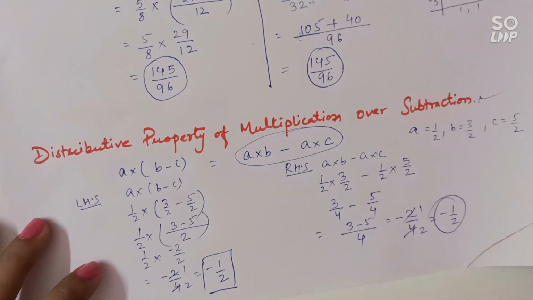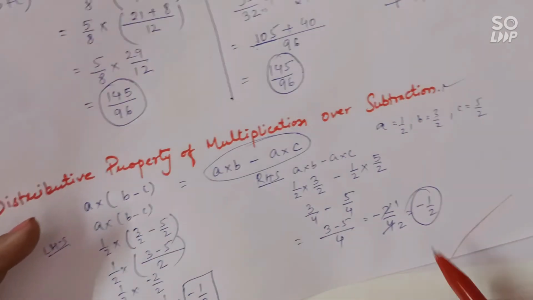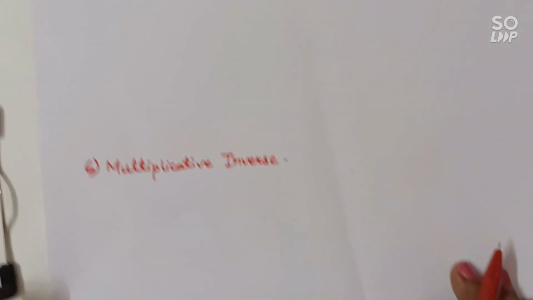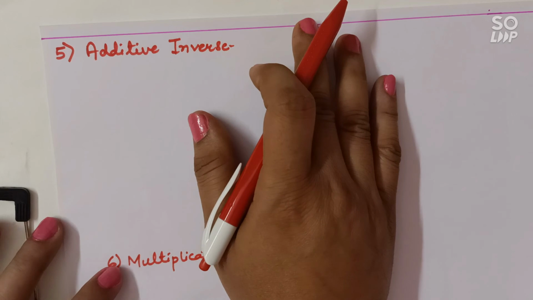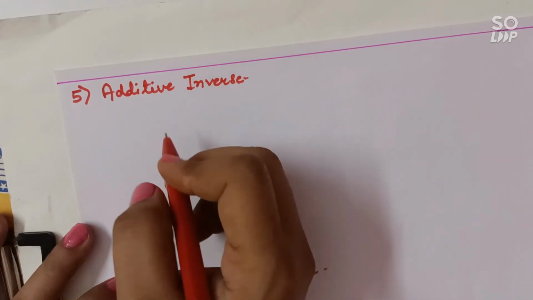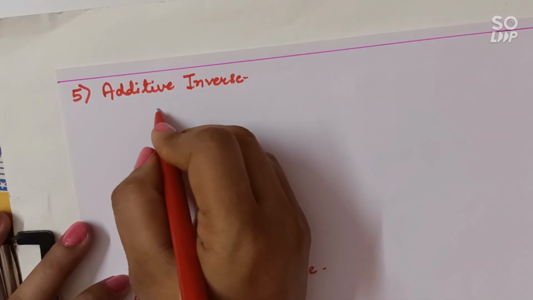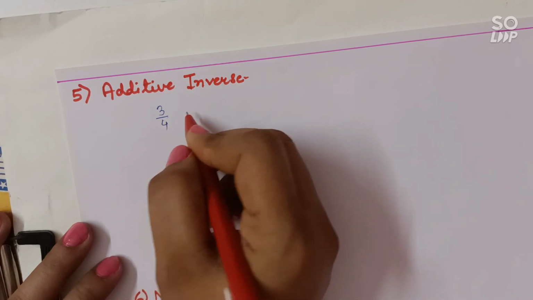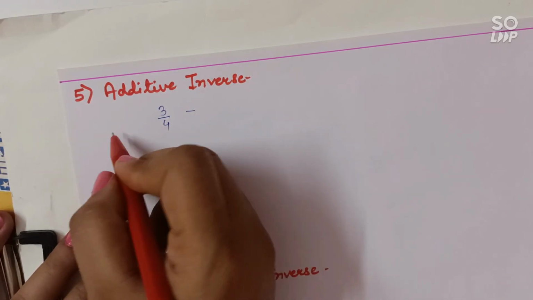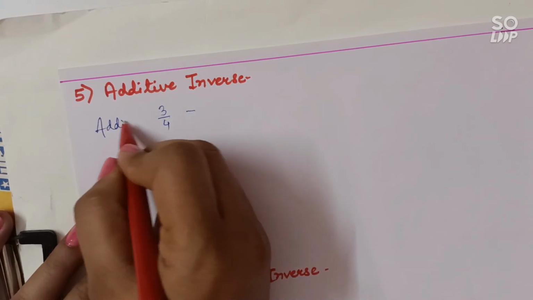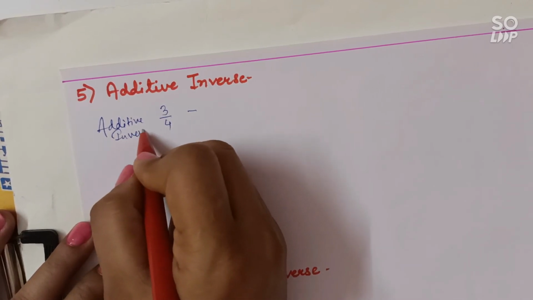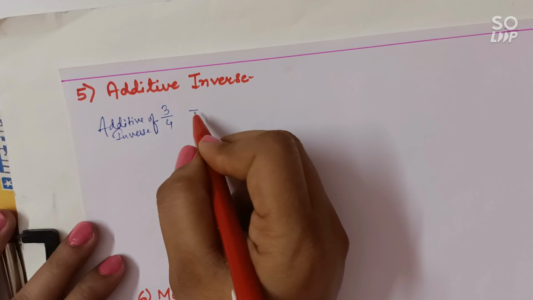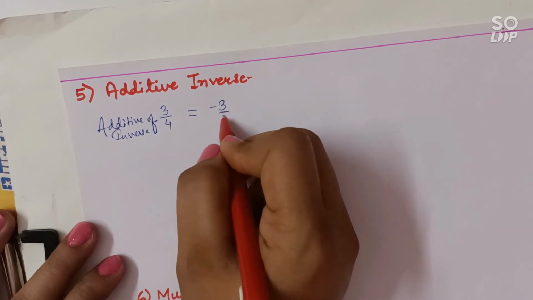Let's check out the next property, that is additive inverse. What is additive inverse? Like here, if I ask you what is the additive inverse of 3 by 4, you'll say minus 3 by 4.